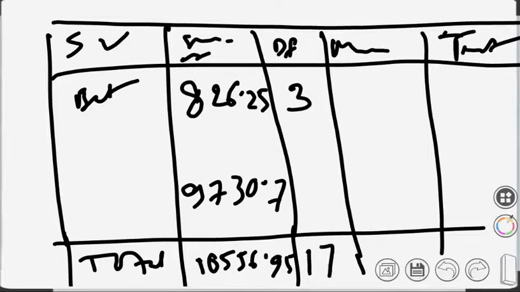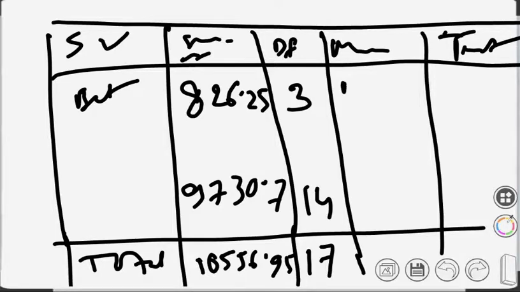N is 18, so N minus 1 is 17. তাহলে এখানে কত হবে? এখানে হবে 17 থেকে 3 বাদ দিলে the value is 14. তাই তো? The formula is N minus R. N is 18, 18 থেকে 4 বাদ দিলে, there are 4 groups. N minus R, 18 minus 4 is 14.